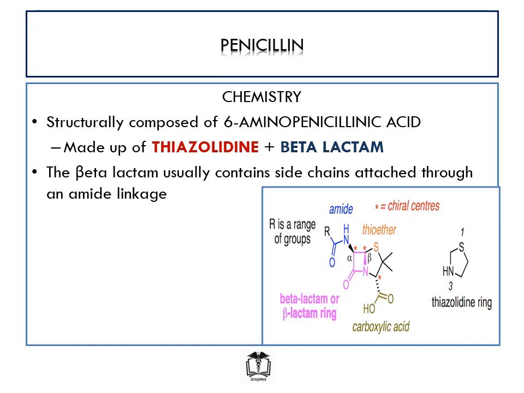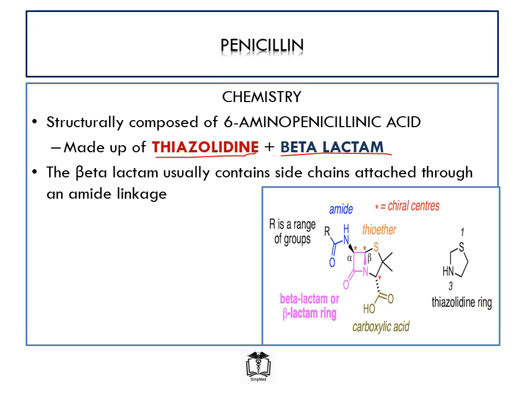The chemistry of penicillin is very important for you to note. They frequently test on it in your exams. In terms of chemistry, penicillin, first of all, being classified as a beta lactam antibiotic, should contain a beta lactam ring. What makes penicillin different from the other beta lactam antibiotics is the presence of an extra ring fused together with the beta lactam ring. So penicillin is made up of a combination of the beta lactam ring and another ring called the thiazolidine ring.